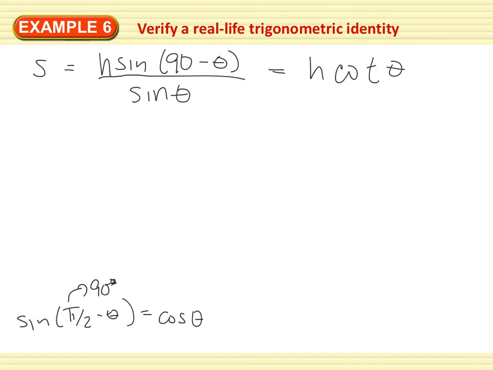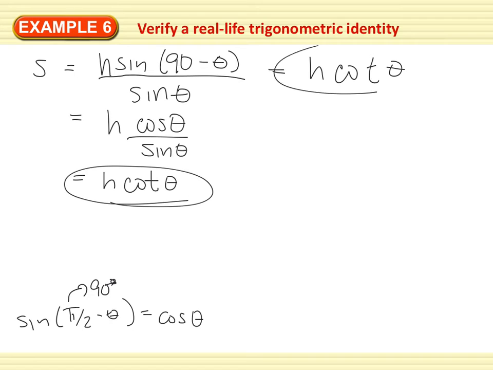So let's substitute that out. I have h cosine theta over sine theta. If I look back at that chart, I see that cotangent is cosine over sine. So I've got my left equals my right.